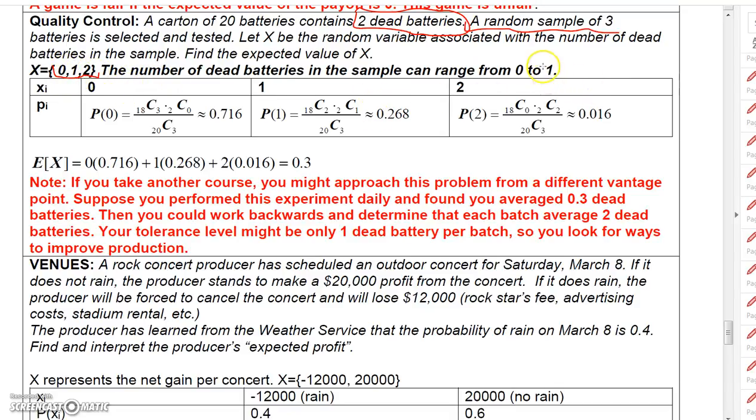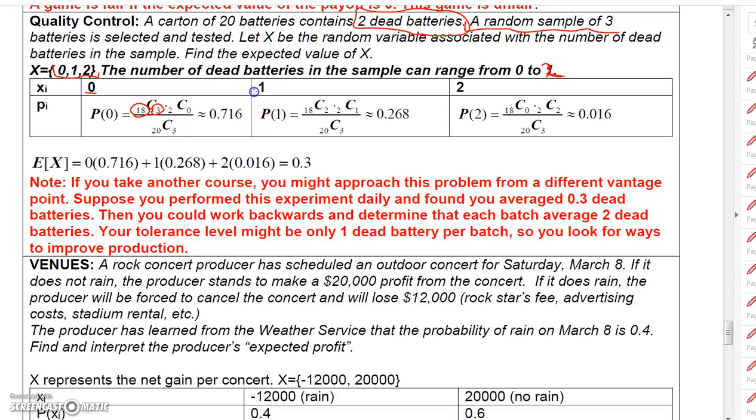That should say 2. I know that. So the probability of 0 dead batteries: if I'm taking a sample of 3, then out of the 18 good batteries, all 3 must be good, and out of the 2 bad batteries, I'm choosing none.